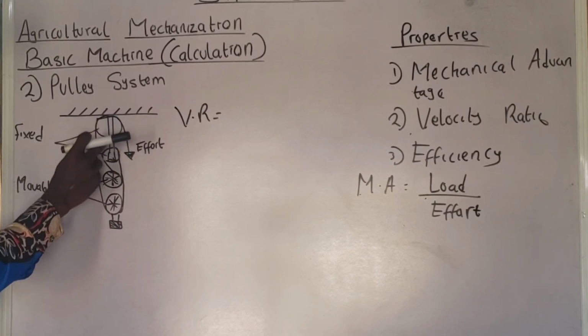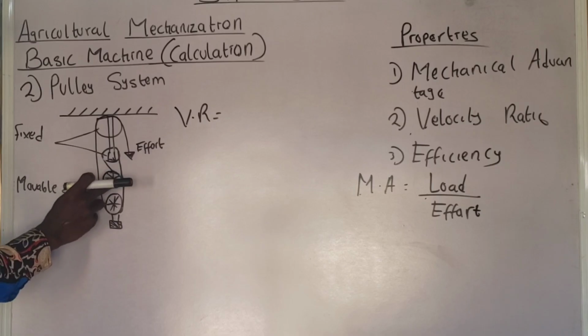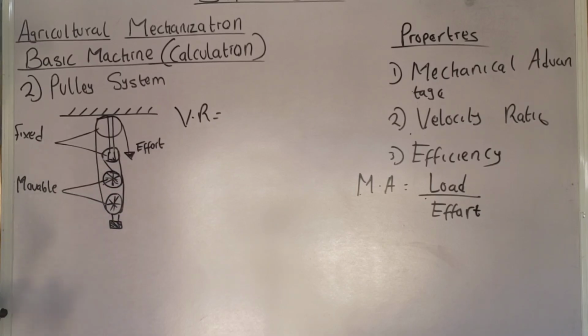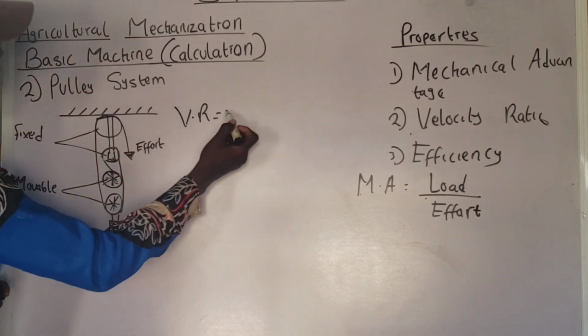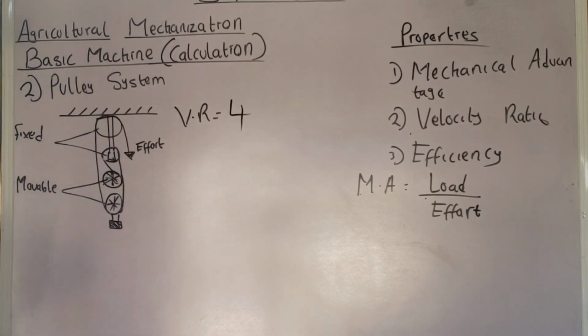This pulley and this pulley are fixed, while this and this are movable. The total number of pulleys gives the velocity ratio. Hence, in this diagram, the velocity ratio is 1, 2, 3, 4. That is 4.